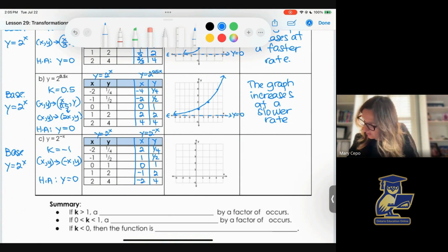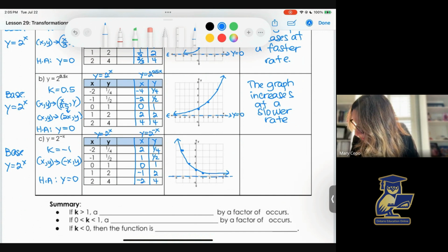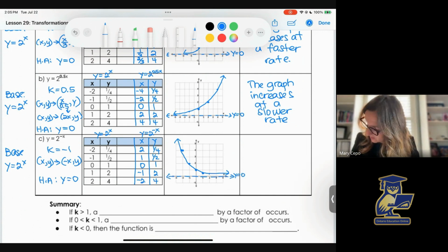Okay, so again, graphing that, at 2, we're at 1/4. At 1, we're at 1/2. At 0, we're at 1. At -1, we're at 2. And at -2, we're at 4. Notice that. So now it's been reflected. Don't forget my horizontal asymptote, y equals 0. We have, oops, I forgot to label this, 2 to the -x.